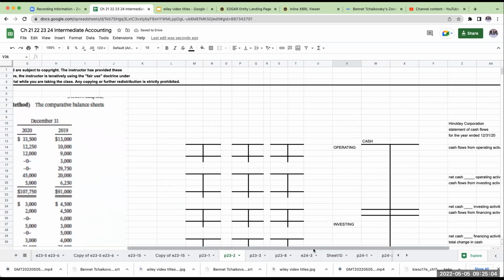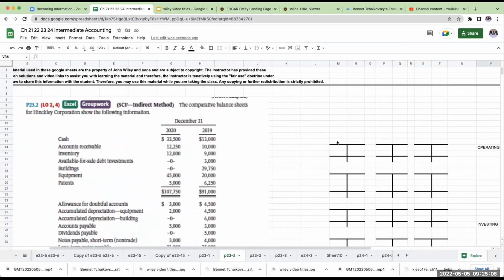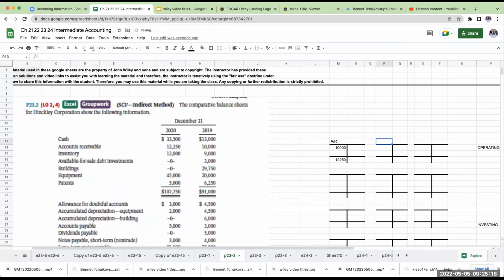And then over here, we're now going to create the individual T accounts. We have accounts receivable of 10,000, and then over here is 12,250. We have inventory. Opening balance is 9,000.